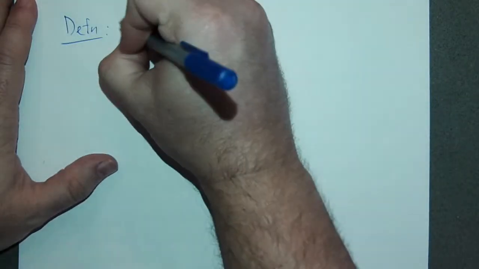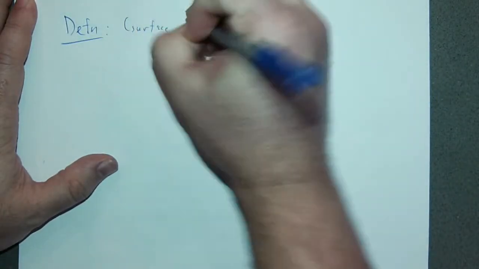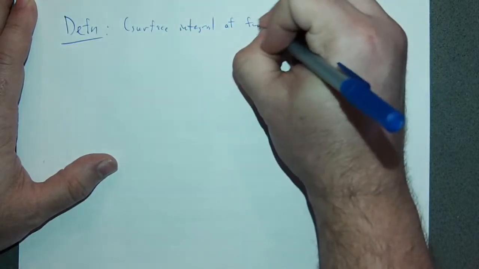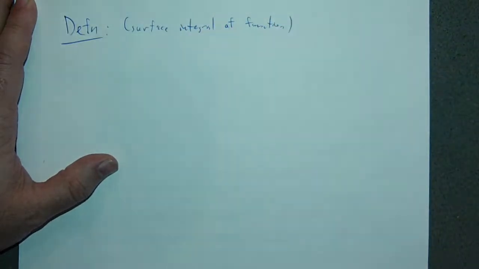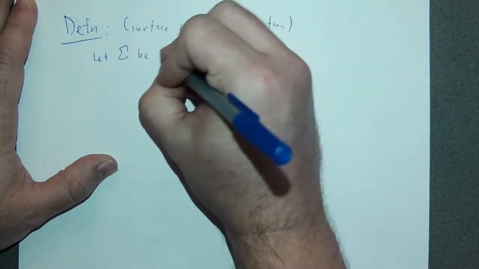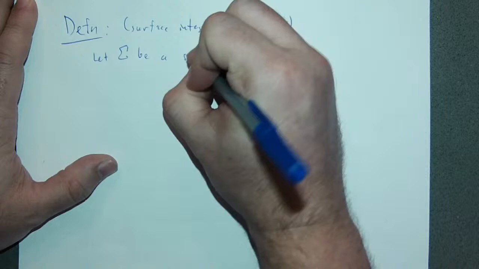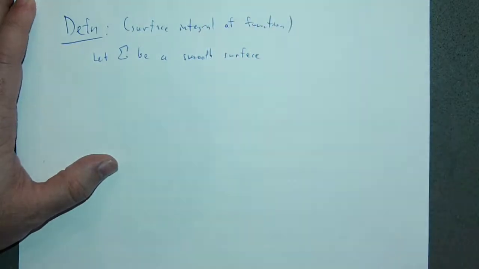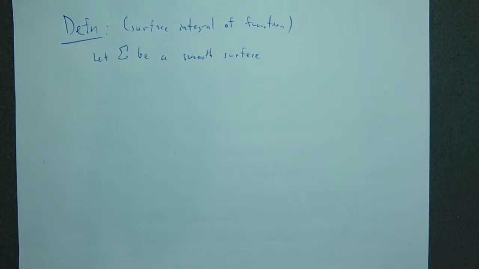So let's do that. What is our definition of surface integral? Definition of surface integral of a function. Let sigma be a smooth surface. Remember what this means: sigma is a smooth surface if it has a smooth parameterization.